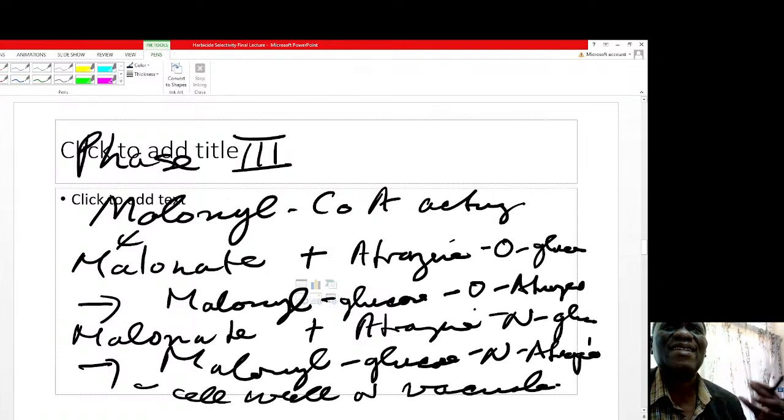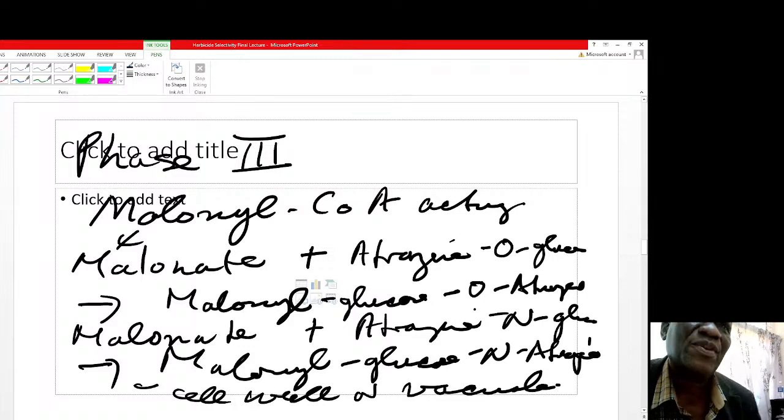But in weeds, such processes could be slow, and the atrazine will be able to express its mode of action. You know, it interferes with the photosynthesis, photosystem 2, and it disrupts the production of carbohydrates. That is now possible in the weeds, not in the maize.